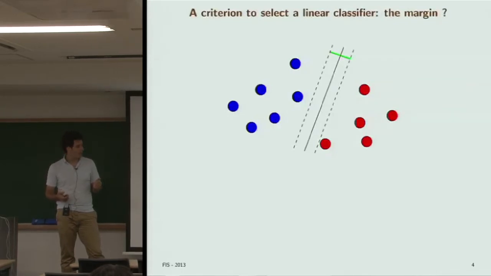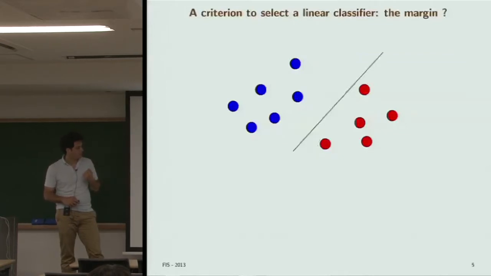So what is the margin? The margin is the width of a tube that you can fit around a hyperplane, and then you let that margin expand as much as possible. And once you touch points on either side of the tube, you have the width of the maximal tube.